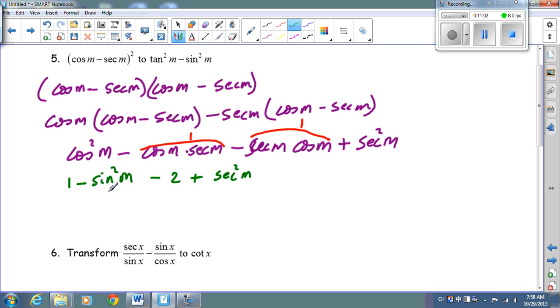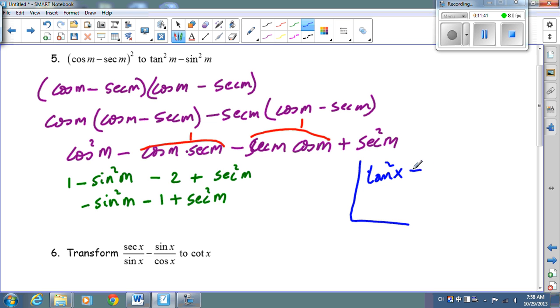All right, if you notice now, my goal is to bring the tangent out. So if I add this one and this one, I will end up with negative sine squared of m minus 1, but plus secant squared of m. Looking back at the beginning of our notes, I mentioned that I can use the secant. I say tangent squared of x plus 1 is equal to secant squared of x.